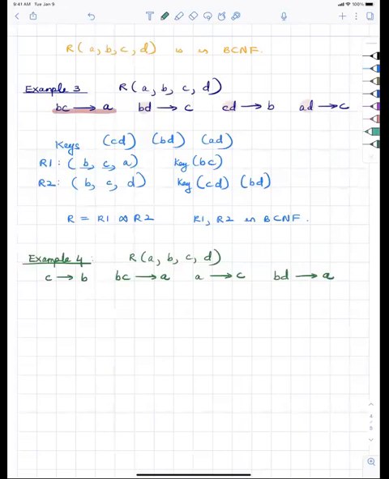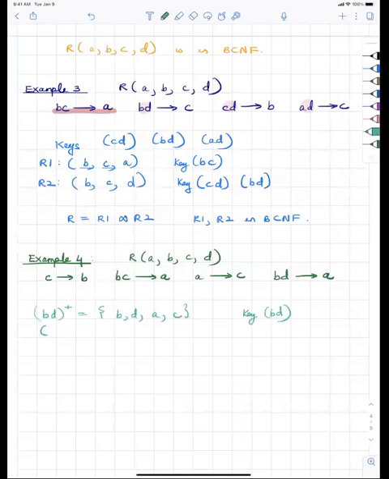So let's see. Again, when you do these, it's a good idea to see what should always be on the right-hand side.